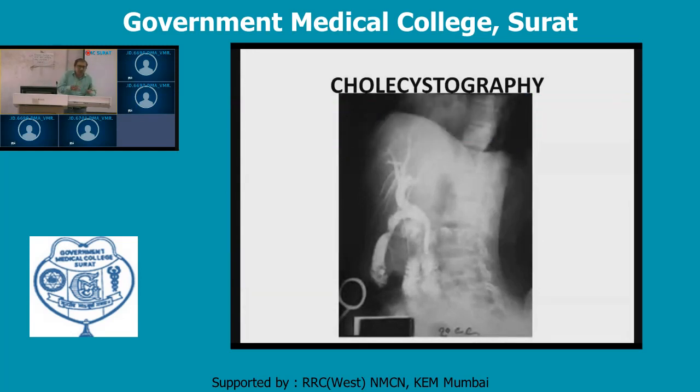So obviously this dye will get stored within the extrahepatic biliary apparatus, the excretory apparatus of the liver. When the X-ray is taken, due to this radio-opaque dye, the excretory apparatus of the liver can be seen. Here one can see the gallbladder, cystic duct, common hepatic duct, and common bile duct. This is just for the visualization of the excretory apparatus of the liver. It is known as cholecystography.